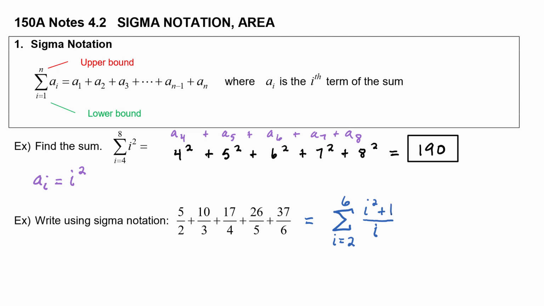So that means we know that the ith term of the sum, a sub i, is equal to the quantity i squared plus 1 over i. So one of the things you have to get fluent with is, given the summation notation, come up with the terms, or given the terms, come up with the summation notation.